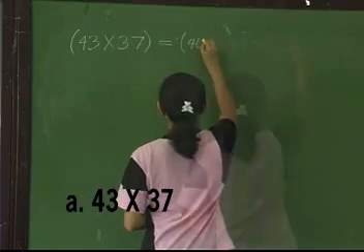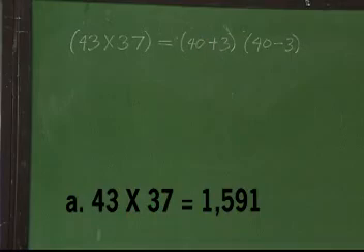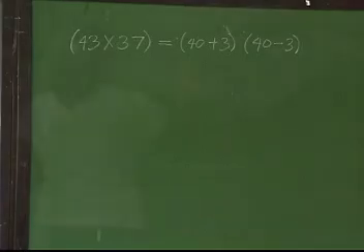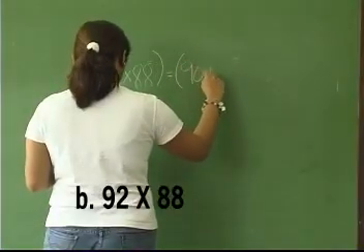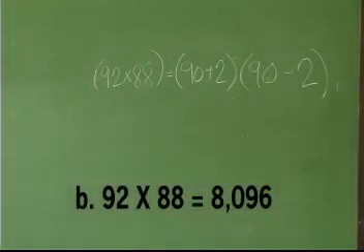Quantity 40 plus 3 times quantity 40 minus 3. Okay. Quantity 90 plus 2 times quantity 90 minus 2.